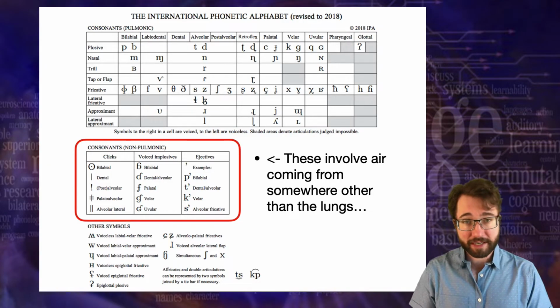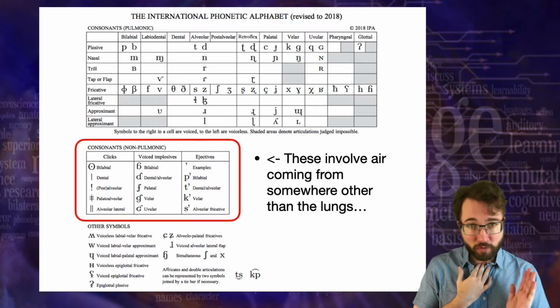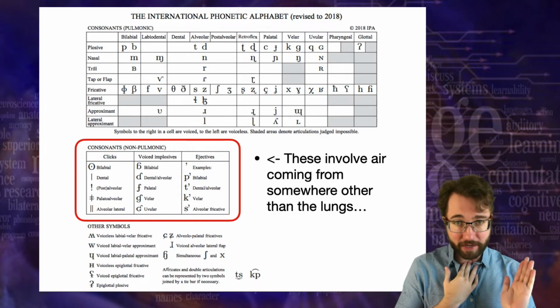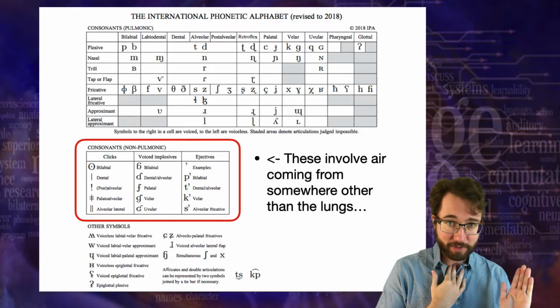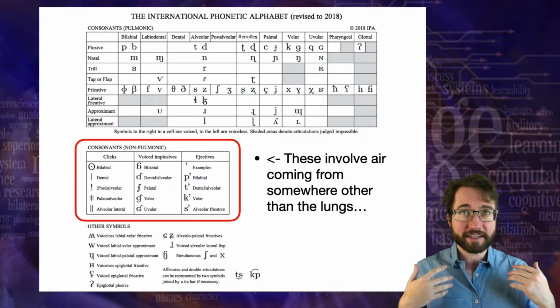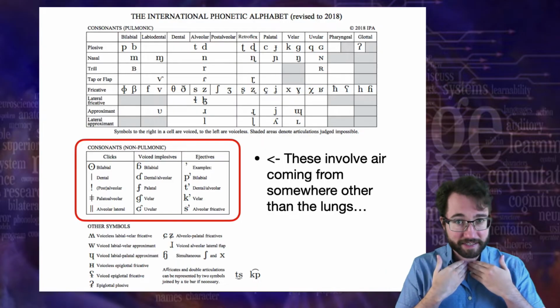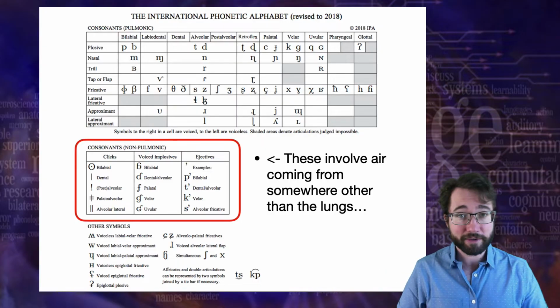Ejectives are formed by constricting your glottis, constricting your vocal cords, and then moving it up, or moving it down rather, in order to create some extra pressure, which is then released at the glottis. And the result is a sort of consonant sound that seems to sort of pop out of your mouth using air that is expelled from your glottis rather than from your lungs.